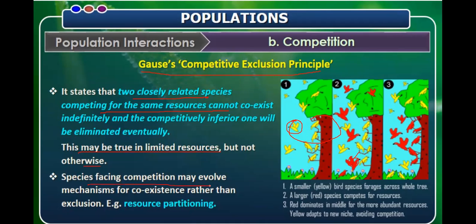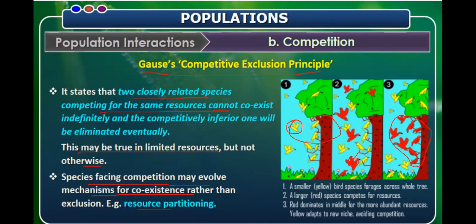Species facing competition may evolve mechanisms for coexistence rather than exclusion. That is called resource partitioning. So whatever happened, now the lower part of the plant will be used by these red color birds, and upper parts, new leaves, will be utilized by yellow colored birds.